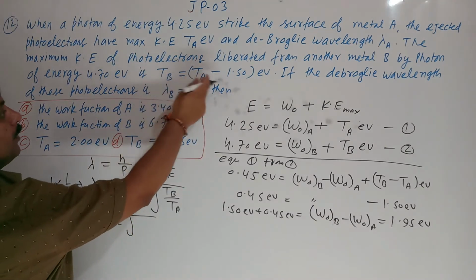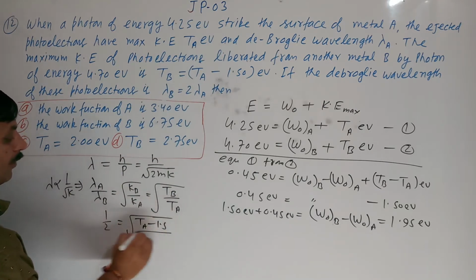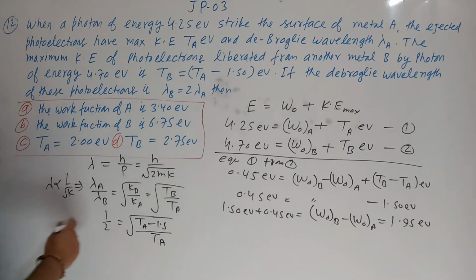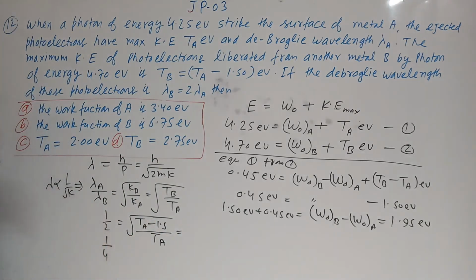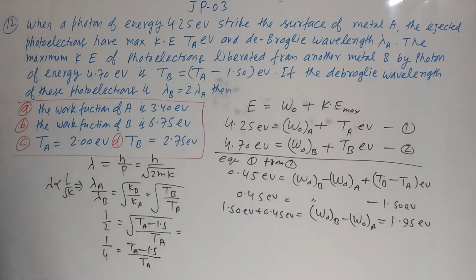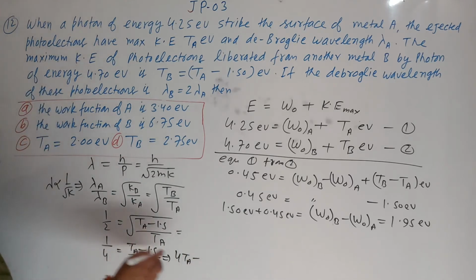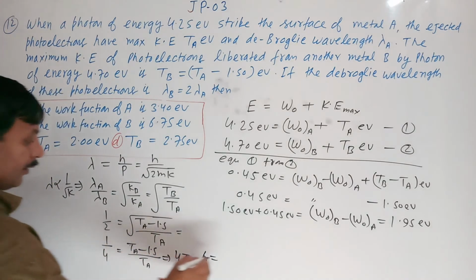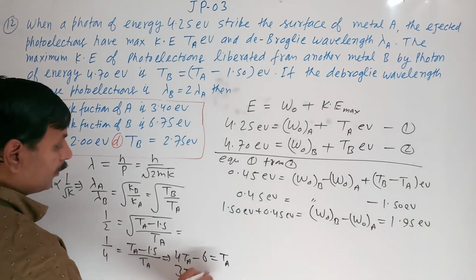TB and TA they have given a relation, so in place of TB you will write TA minus 1.5 upon TA. Squaring both sides, 1 by 4 is equal to TA minus 1.5 upon TA. Solve it: 4TA minus 6 is equal to TA, so 3TA is equal to 6.